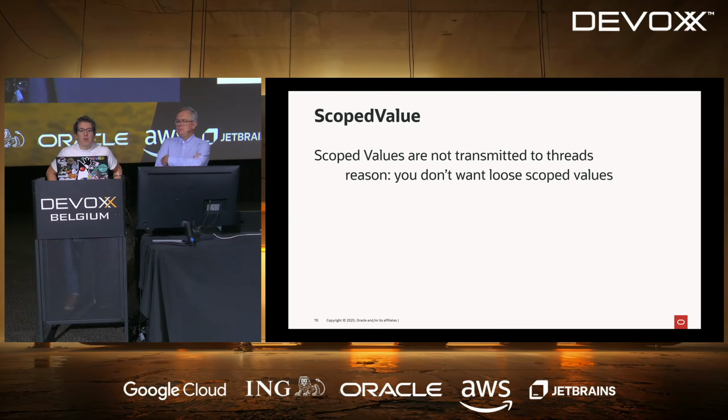So scope values are not transmitted to threads because the scope value is associated to basically a stack and stack frames. So you cannot lose a scope value.